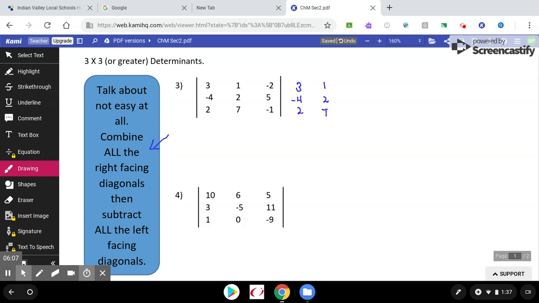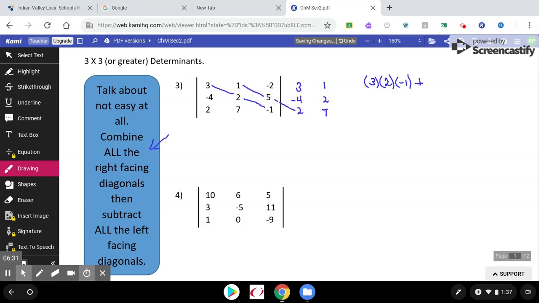So see if we can get one of these done, save the other one for video number 2. So that's a right diagonal. So that would be 3 times 2 times -1. But then we have to add up all the right diagonals. So rewriting those numbers makes it a little bit easier to find your diagonals.